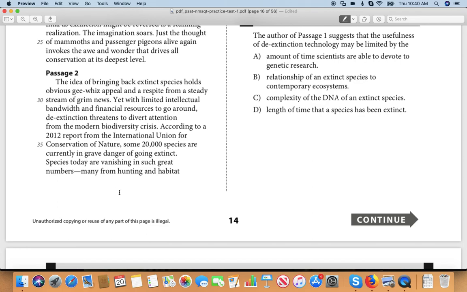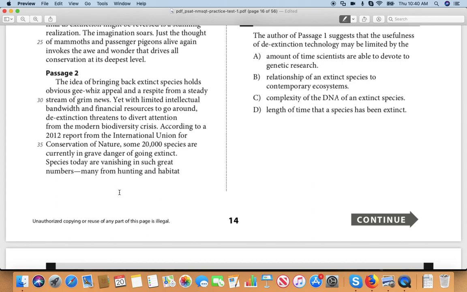So, the idea of bringing back extinct species holds obvious gee whiz appeal. Does that statement make sense? Kind of, I guess. What does gee whiz appeal mean?